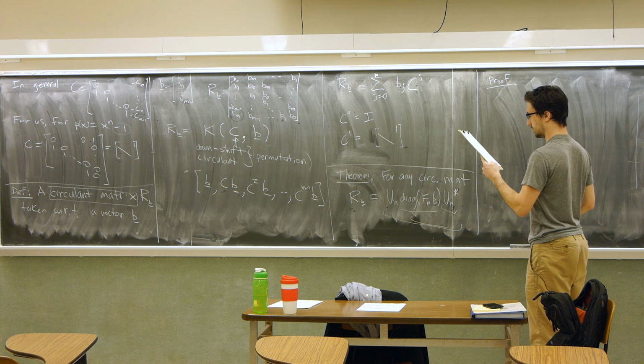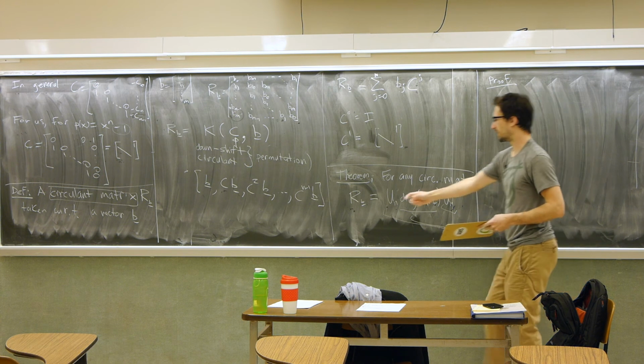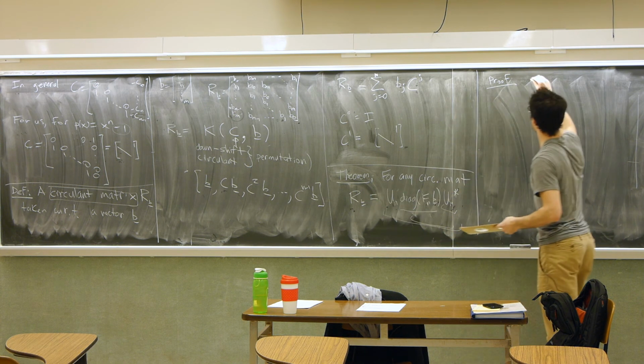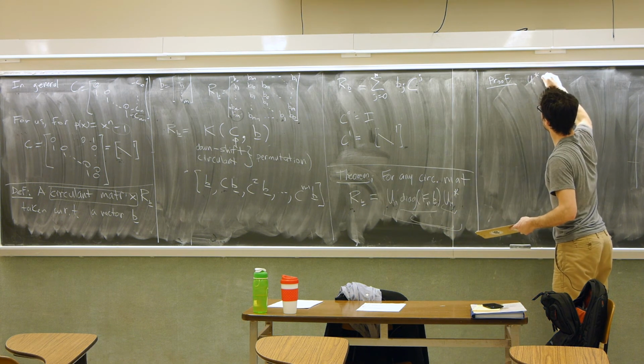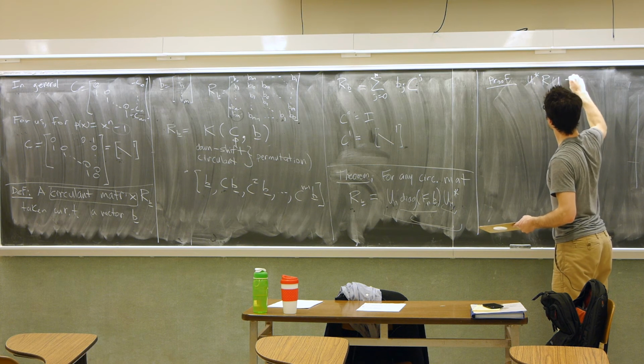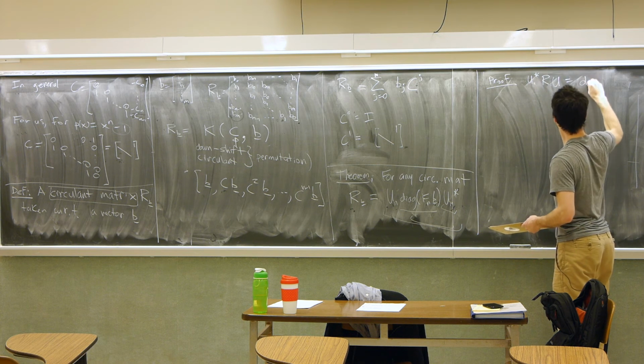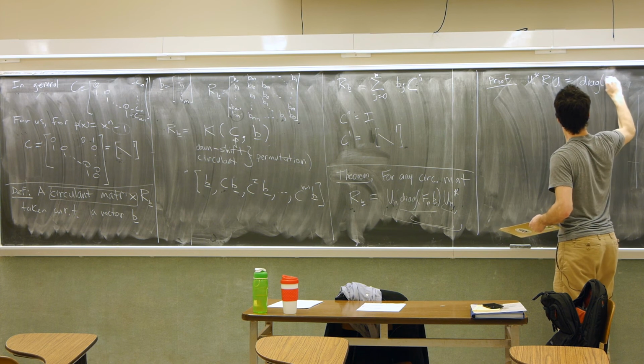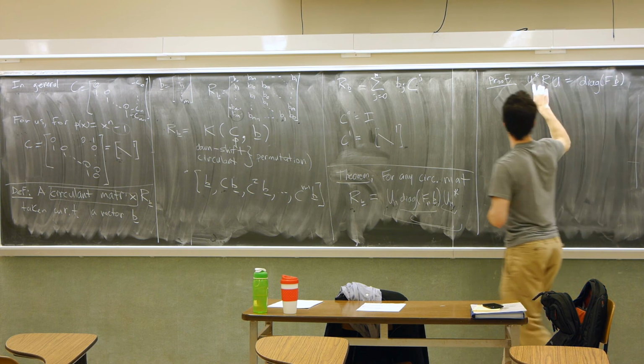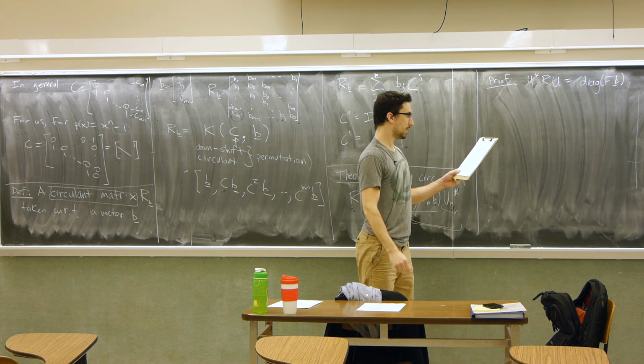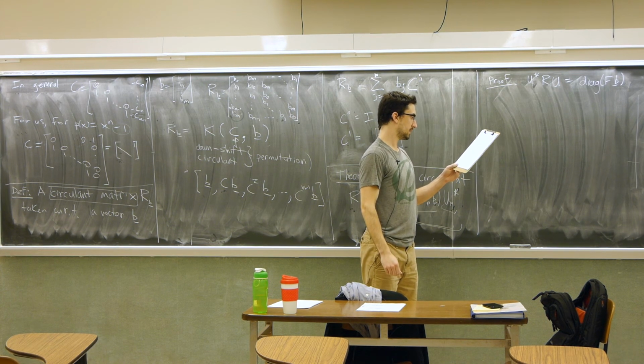All right, so I'm going to conjugate by U_n and move things back over. So the statement that I'm going to prove is this. And I'm going to drop subscripts because it's clear from context.